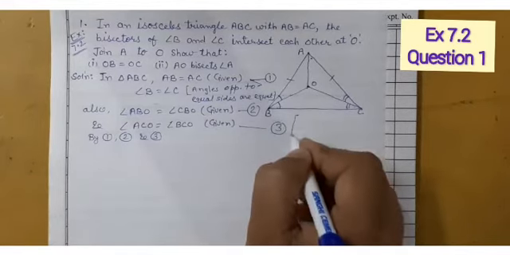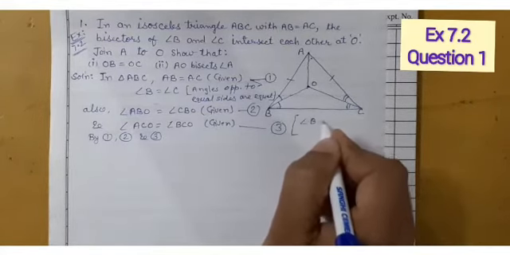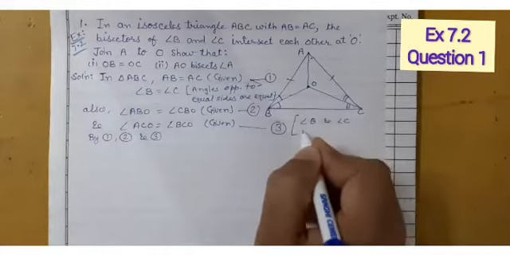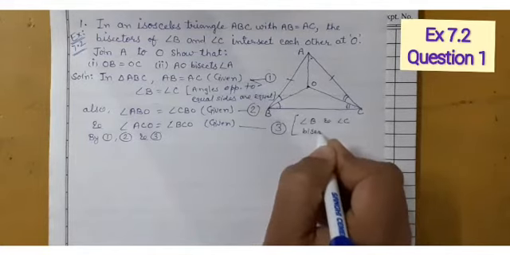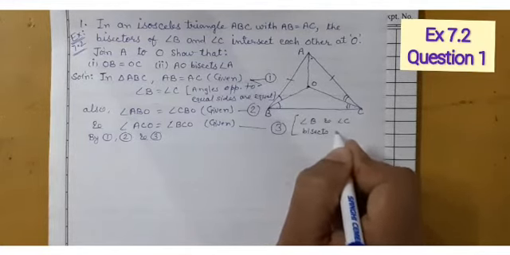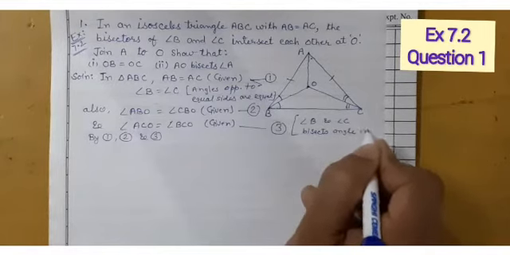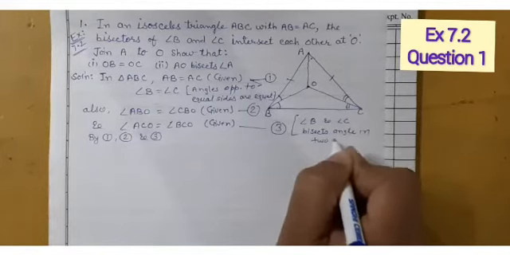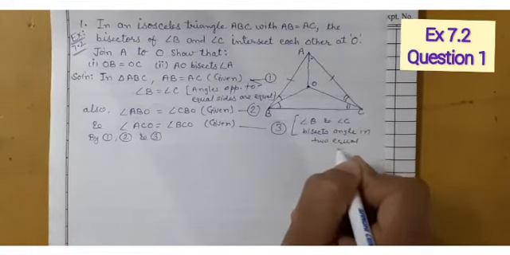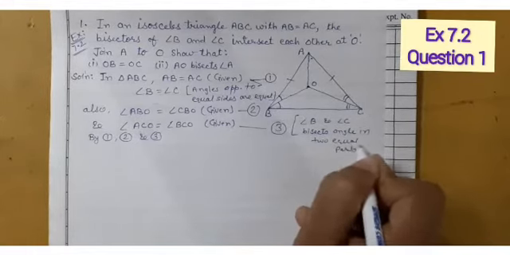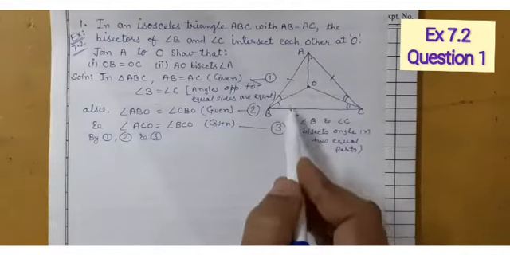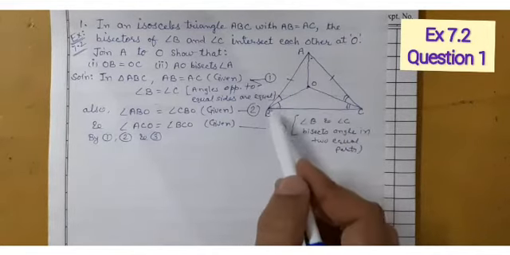Angle bisector means what? It bisects the angle into two equal parts. The general meaning is this. Which two parts are there?